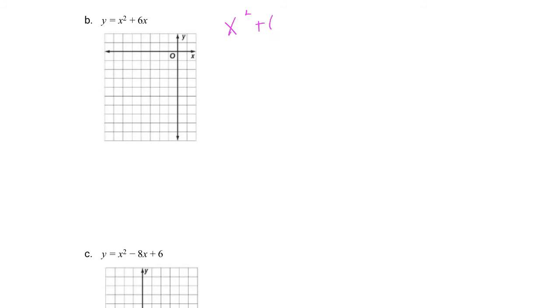X squared plus 6x equals, and make that 0. There is no constant here, where c would be, that we have to move over. So we're already ready to factor and complete the square. So we need b over 2, which is 3, and that squared is 9.